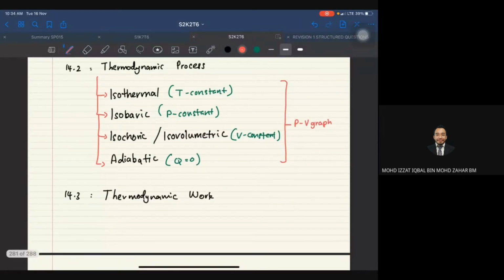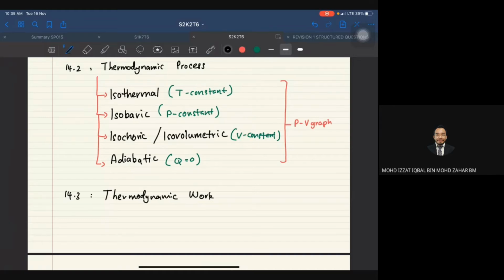Kalau yang work tu, untuk calculation for work yang kita kira ni hanya untuk tiga proses je. Yang adiabatic ni tak ada dalam syllabus kamu untuk calculation for work. But the other three ada. Okay.